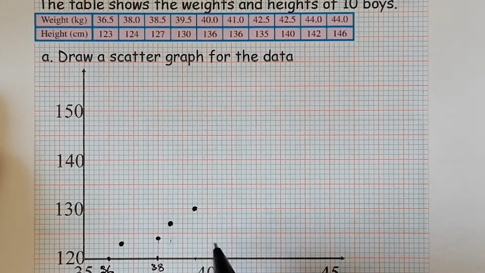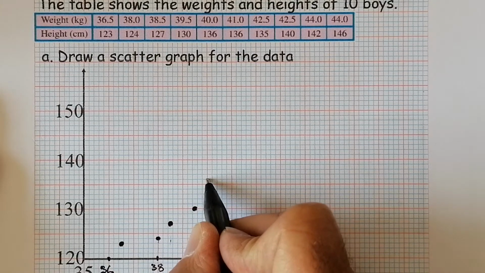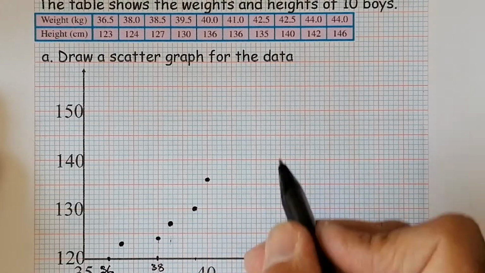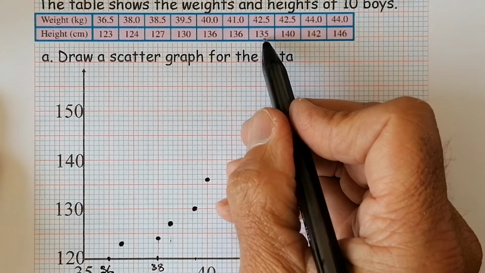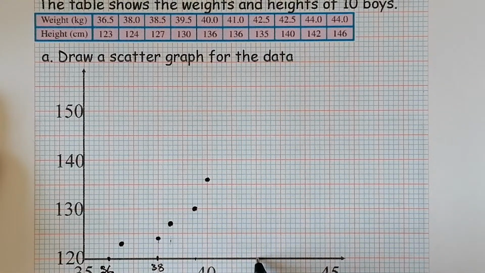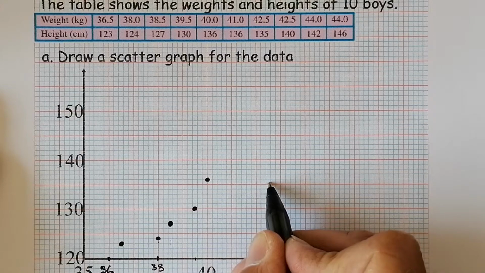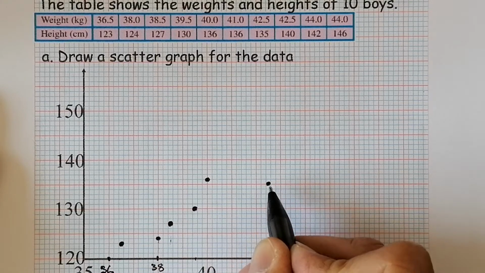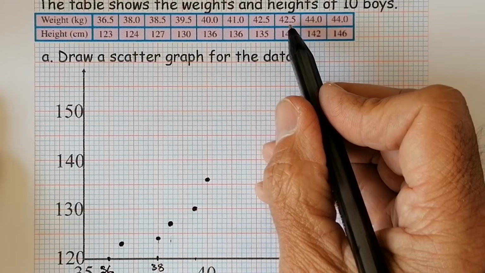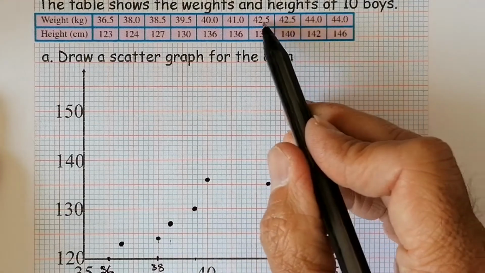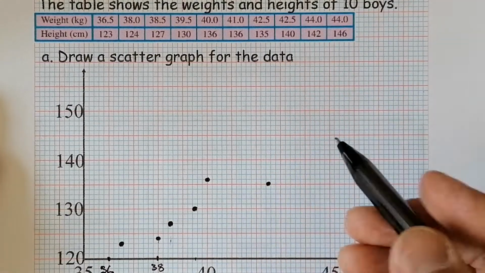Then 40 and 136, so 136 will be there. 42.5 and 135, so 135 will be bang on that line there.